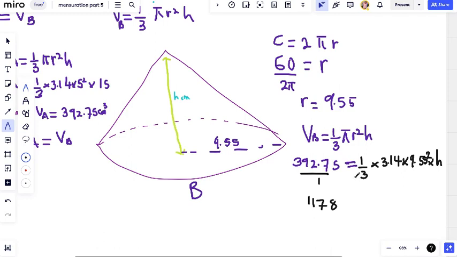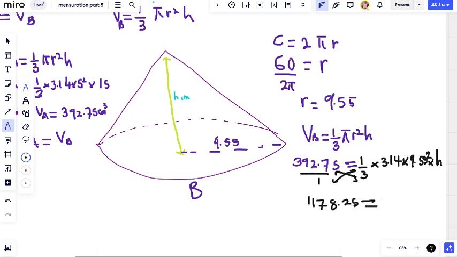I'm cross multiplying the denominator on the right with the numerator on the left. We get 1178.25 is equal to, now we multiply the values on the right.